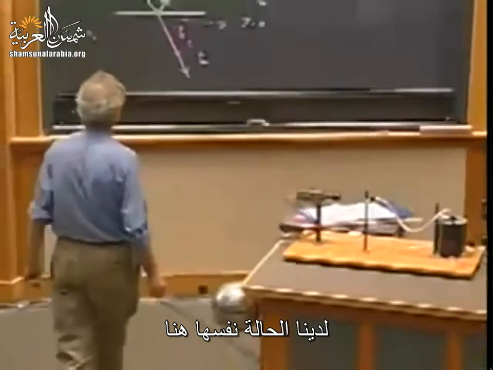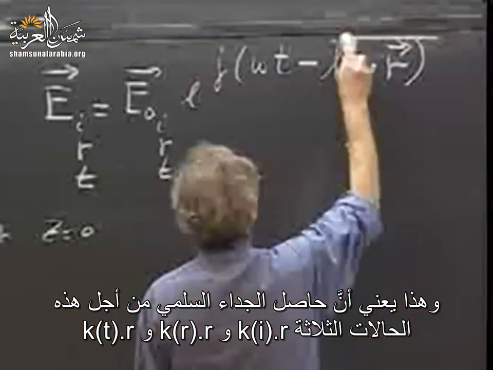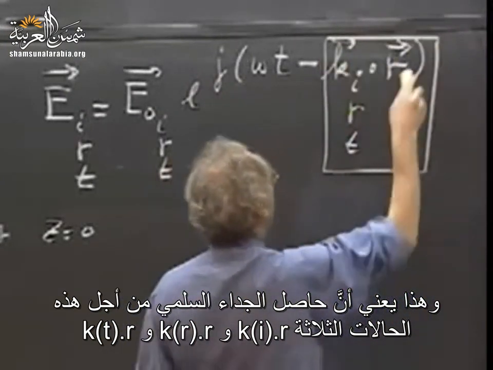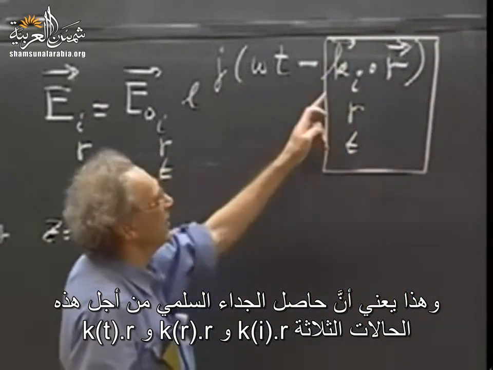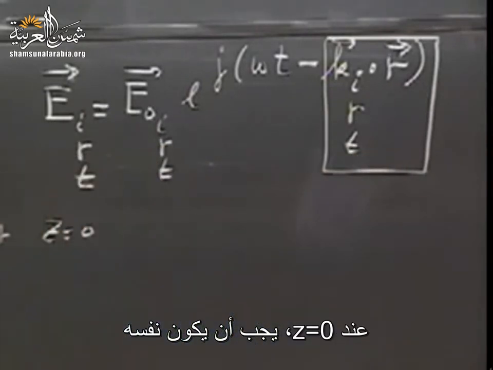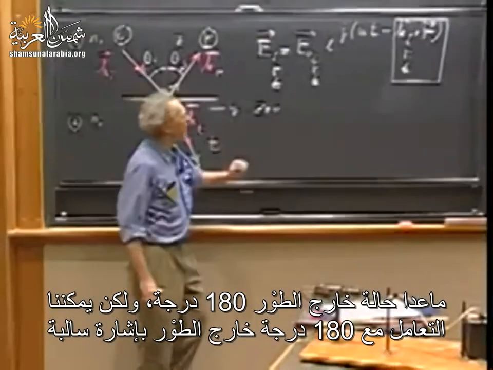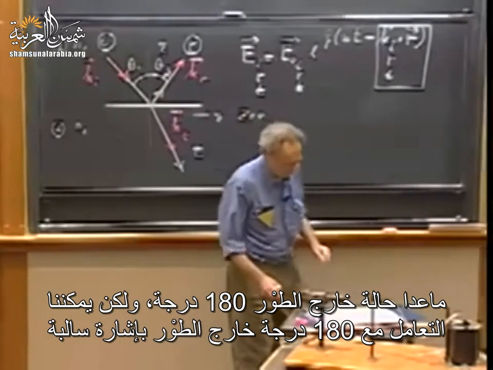And the same situation you have here, and that means that this dot product for these three cases, ki dot r, kr dot r, and kt dot r, at z equals 0 must be the same, except for the 180 degrees, but the 180 degrees we can always deal with in terms of a minus sign.